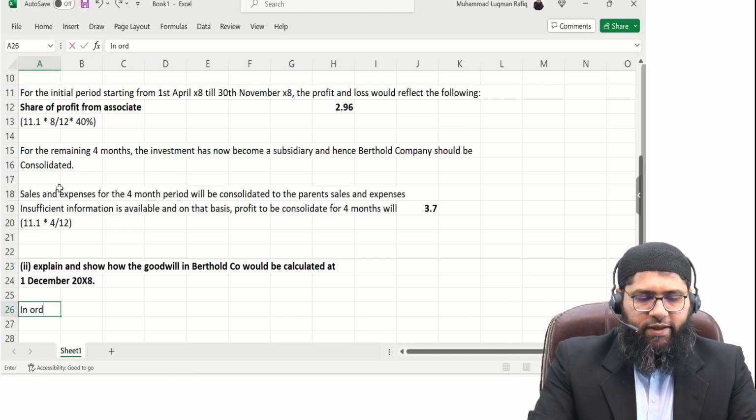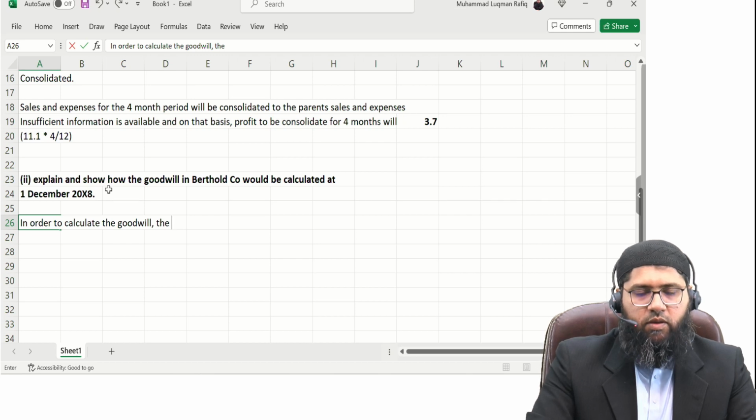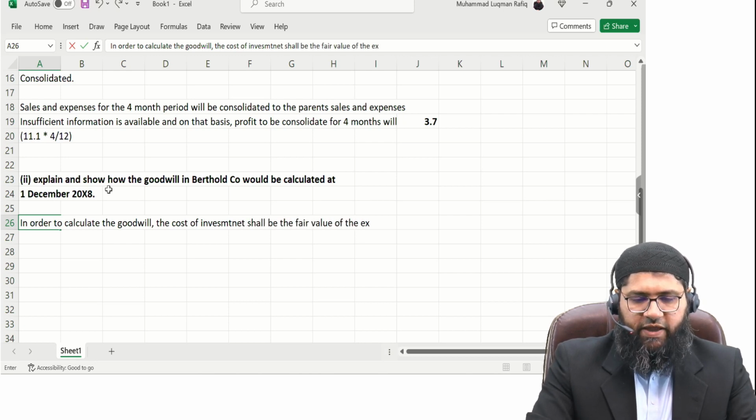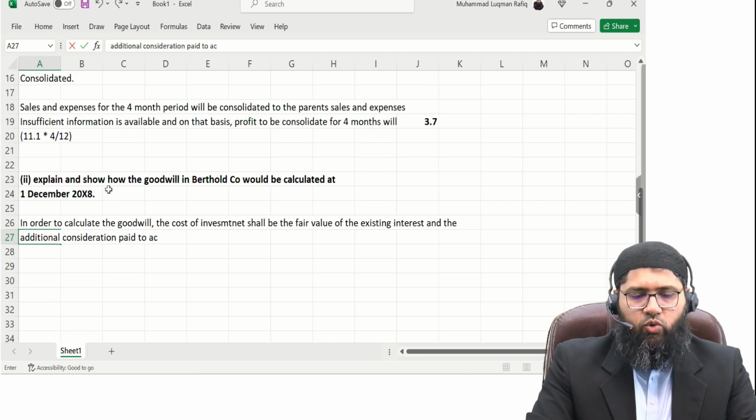In order to calculate the goodwill, the cost of investment shall be the fair value of the existing interest and the additional consideration paid to acquire the 35% shareholding.